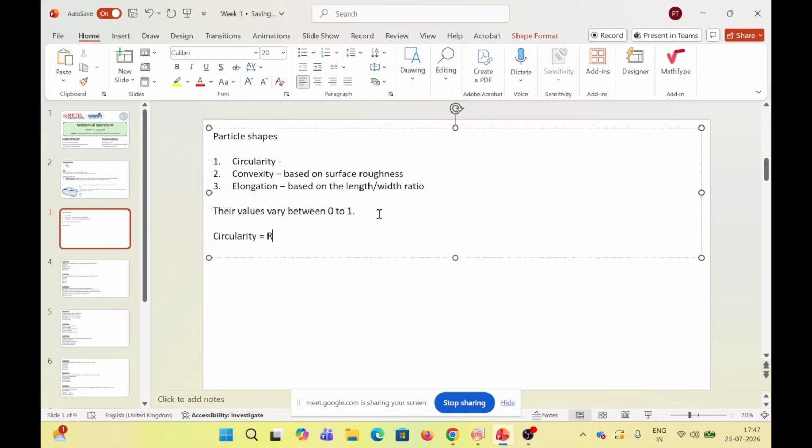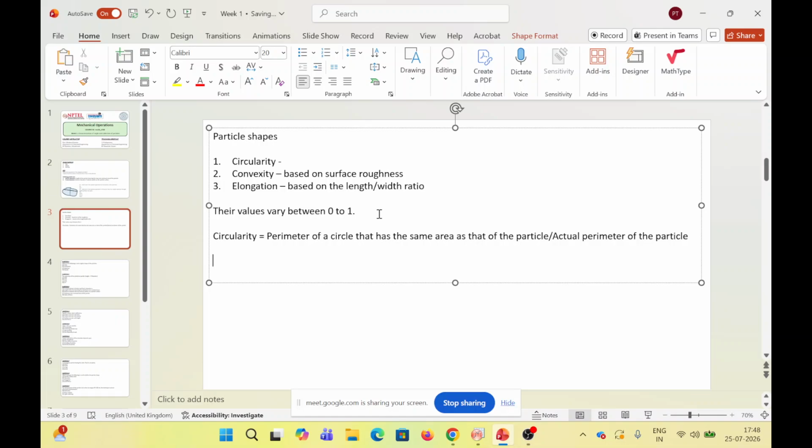So circularity is nothing but the perimeter of a circle that has the same area as that of the particle divided by the actual perimeter of the particle. Okay, this is circularity.